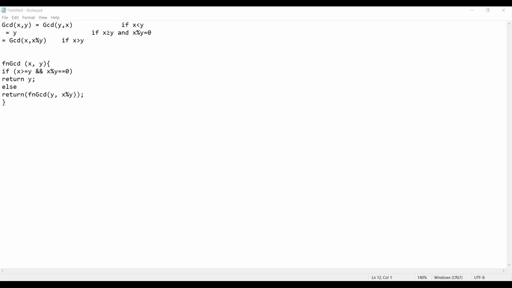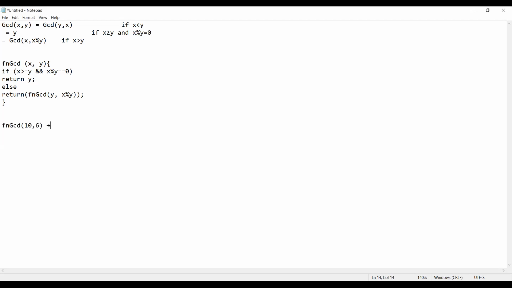Now, let us describe the execution of this algorithm to calculate the GCD value of 10 and 6. Now look, here 10 is x and 6 is y. We write down this in the notepad.